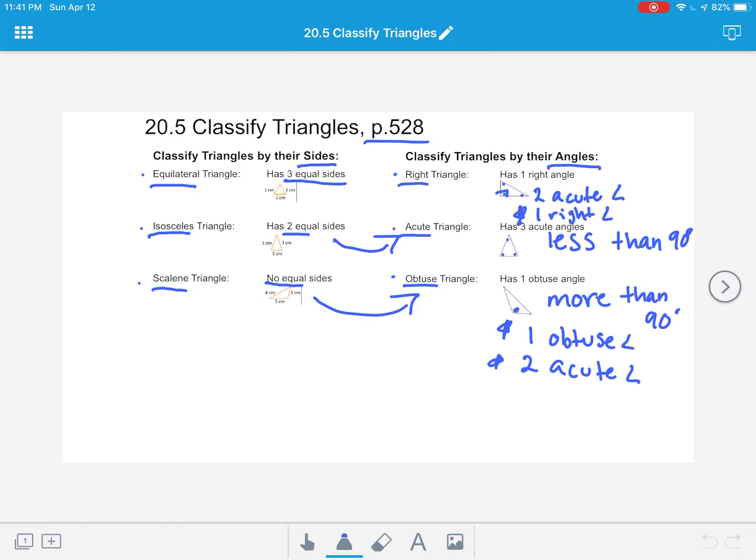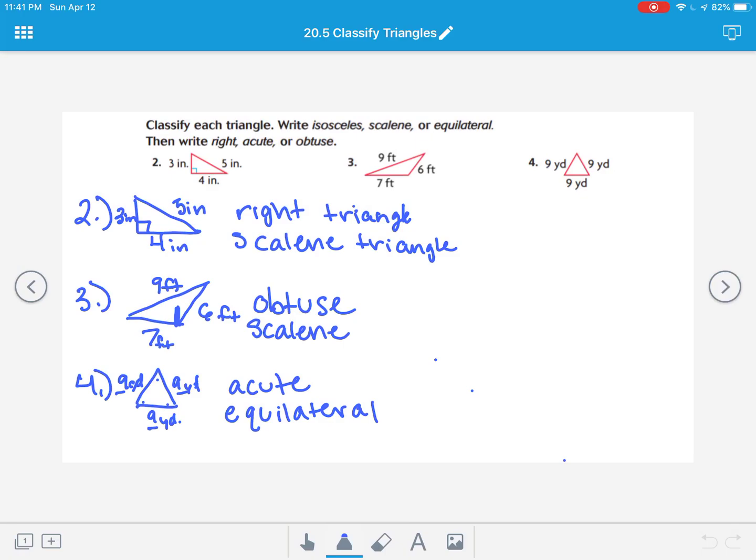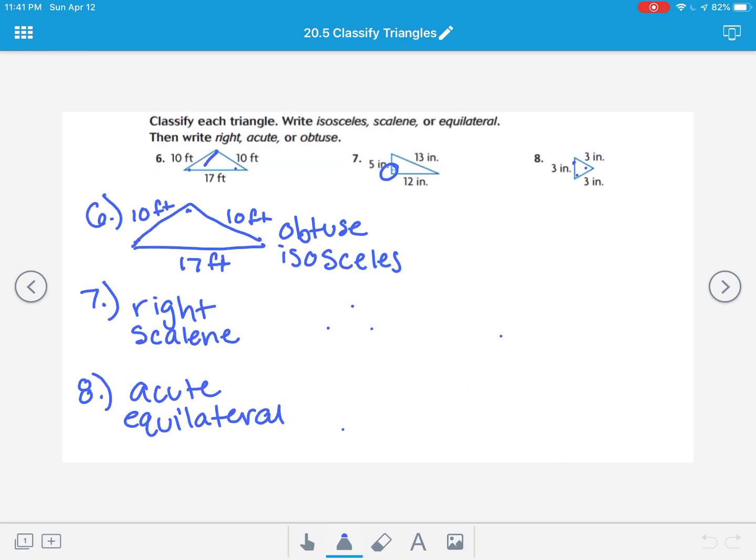So let's think about this. I'm going to draw on this part of my notes page for you. If I have an isosceles triangle, it needs to have two sides that are equal, and one of those angles needs to be obtuse. I think we had an example of that in one of our lessons.